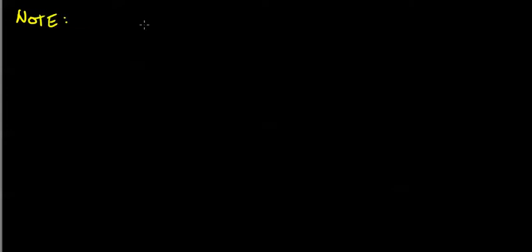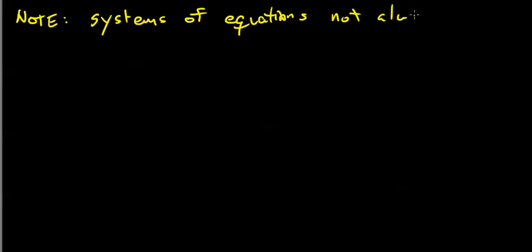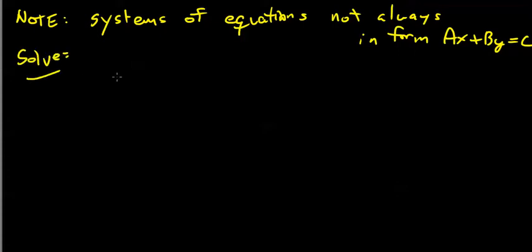If you've got a 2 by 2 system, namely 2 equations with 2 unknowns, please note that systems of equations are not always in the form ax plus by equals c. In other words, they're not always in standard form. Let's look at this system I'm going to ask you to solve. I grabbed this one out of the book.